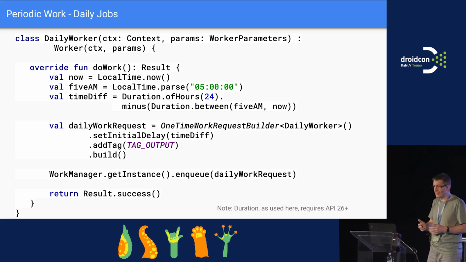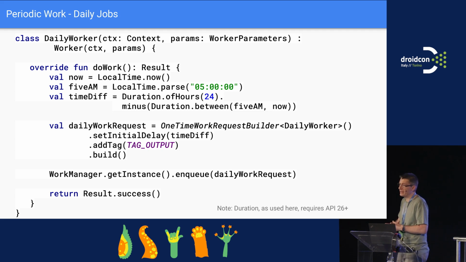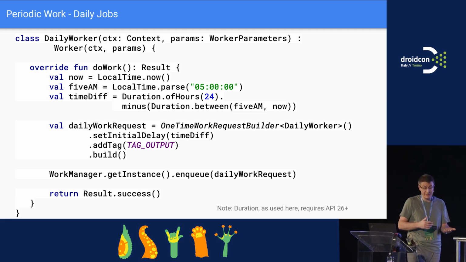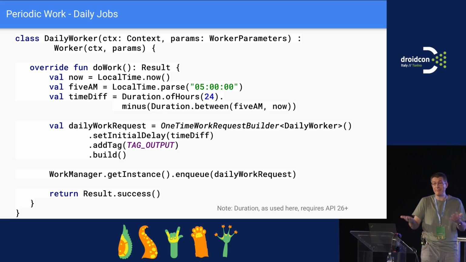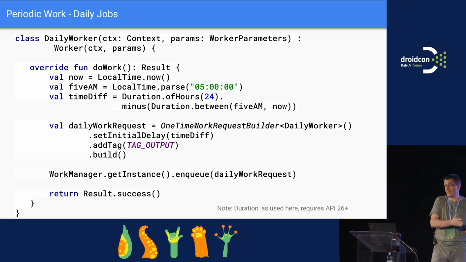So what you can do is use a one-time worker and reschedule the worker every time at the end of execution for the next execution, depending on what time it is at that moment.